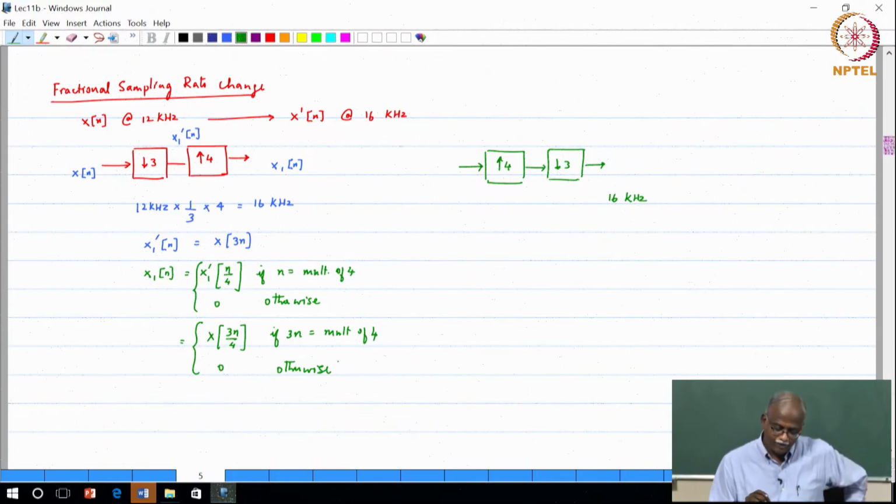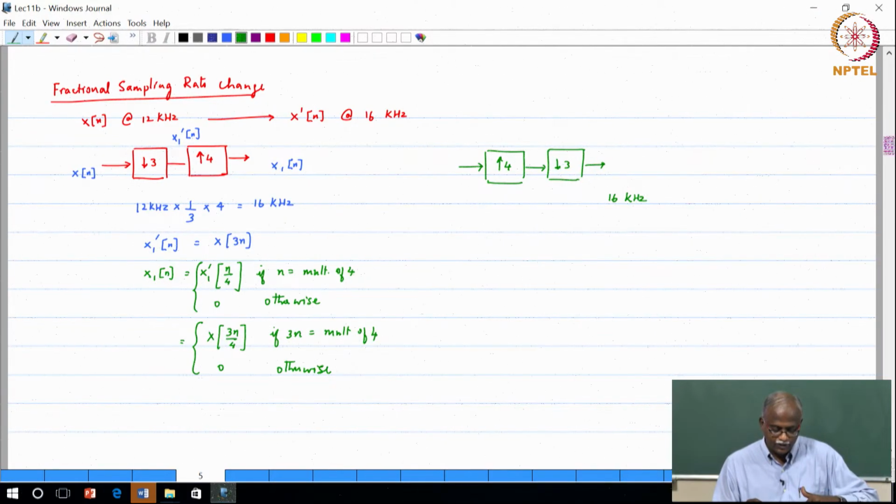Actually, I just have to be a little bit careful here. x1 of n is x1 prime of n by 4, that is the downsampling operation, where x1 prime of n is x of 3n.